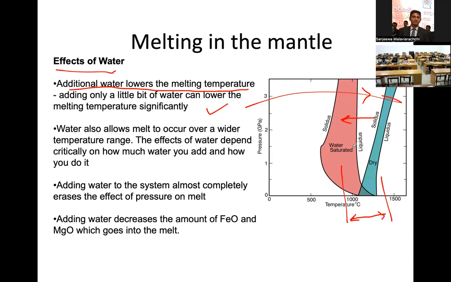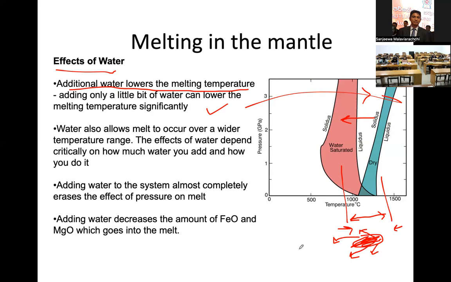So lowering this temperature allows the melting region a kind of flexibility, right? This flexibility zone allows melting to take place over a wide range. I mean, drops of melt can form at different intervals because when water is added to the mantle, it doesn't add at once, right?